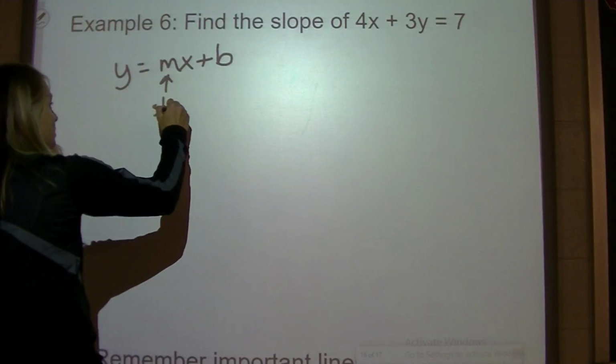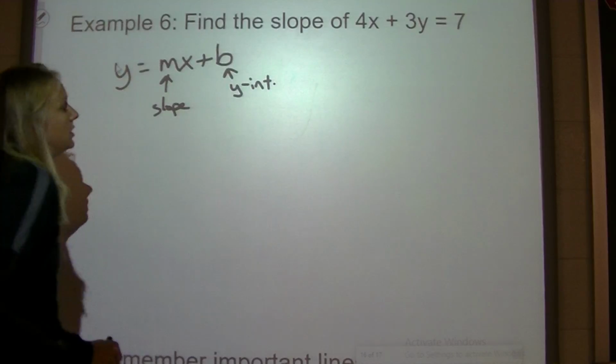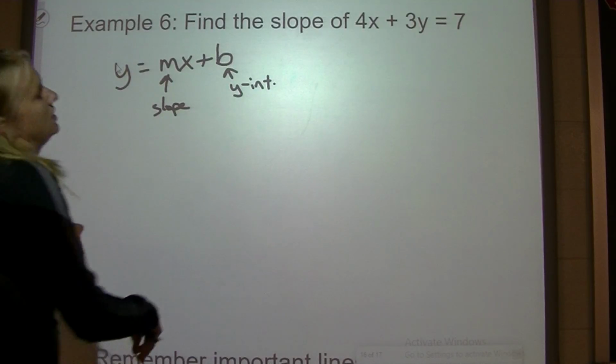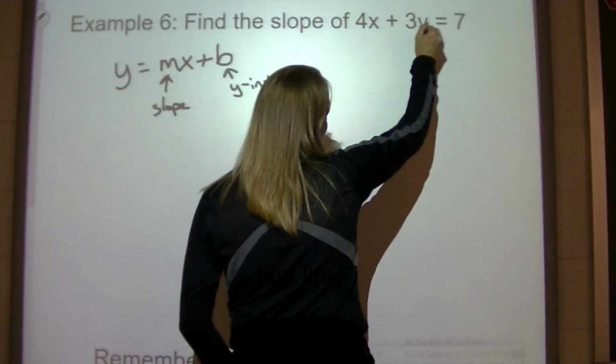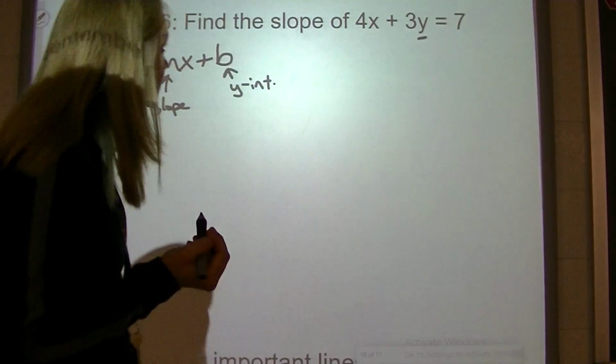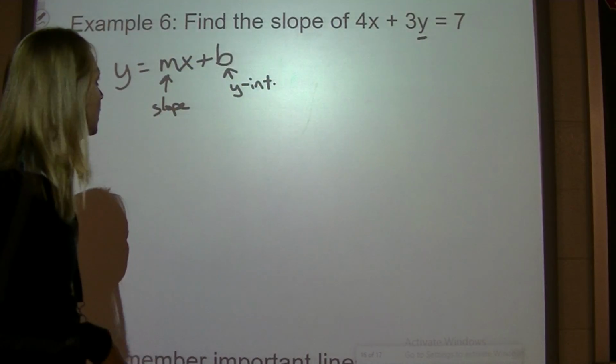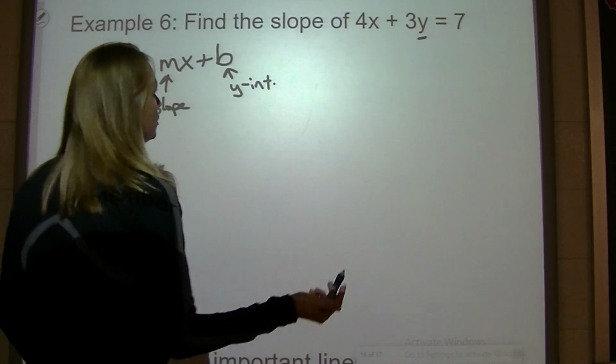This gives us our slope, this gives us our y-intercept. So we can easily solve this equation for y. Do you realize now why last chapter we had to solve equations for variables? Solve this equation for y, get y by itself, and then we'll be able to identify our slope, our m.